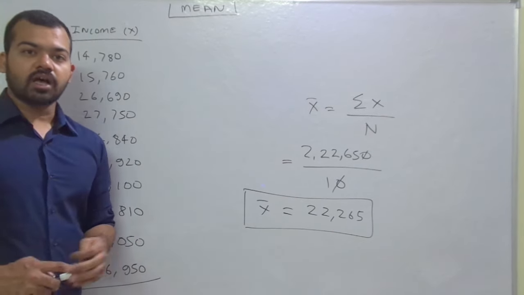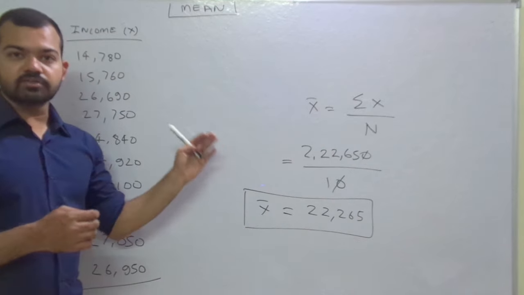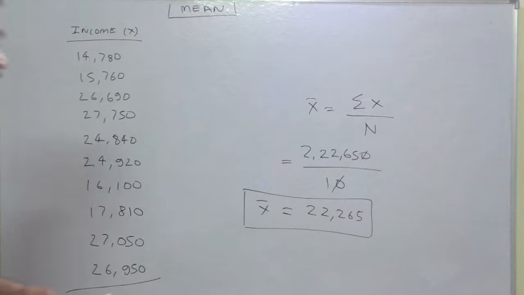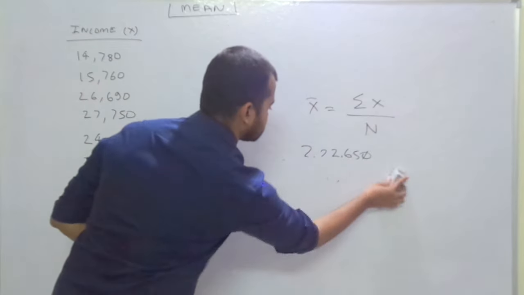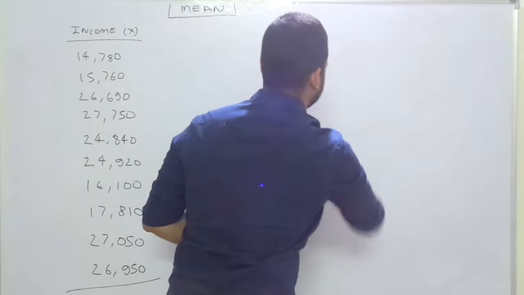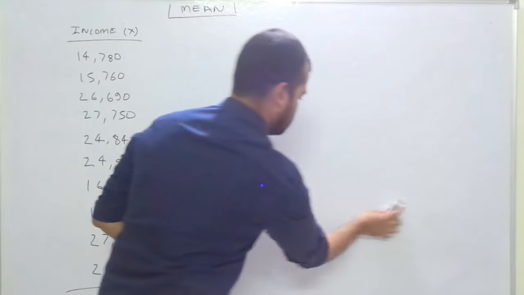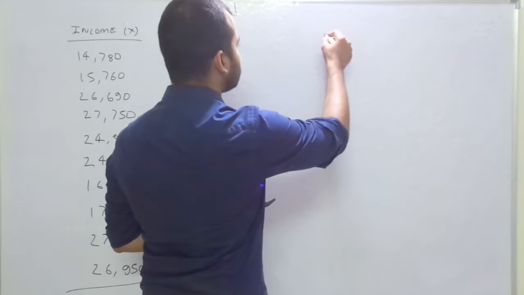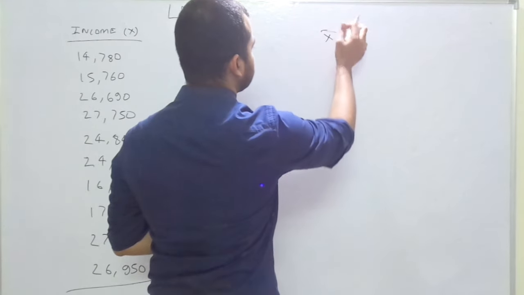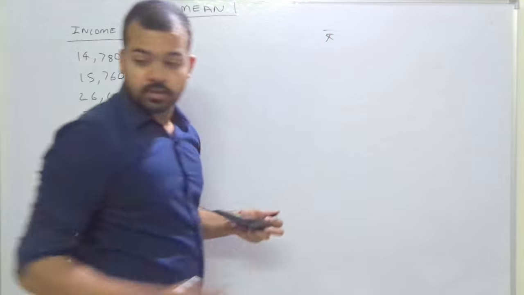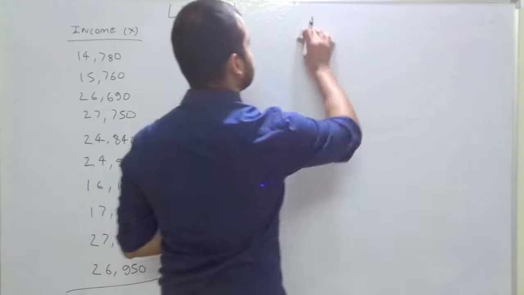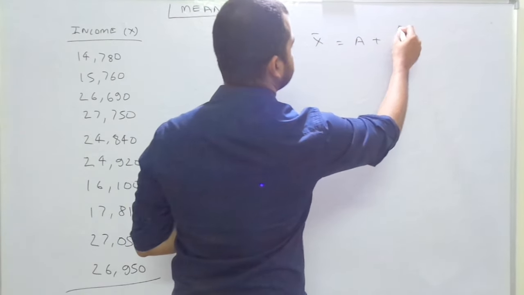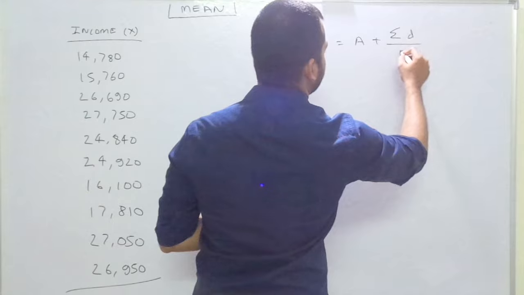Now we'll discuss how to calculate the same question with the help of the shortcut method. First, we have to write the formula, that is, mean equals assumed mean a plus summation d upon n.